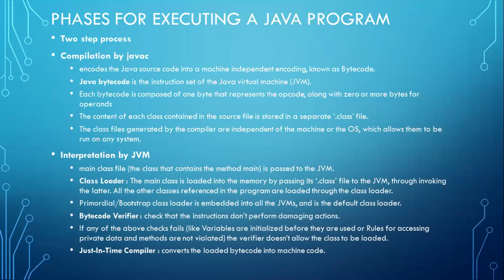Java understands the problem, but Java wants to achieve platform independence. That's why it has divided the execution process into two halves: one is compilation, another is interpretation. Since Java interprets line by line, it becomes slower.